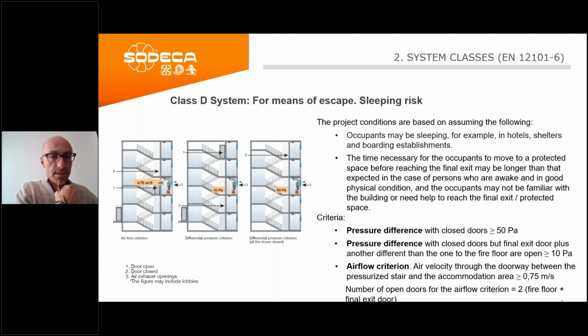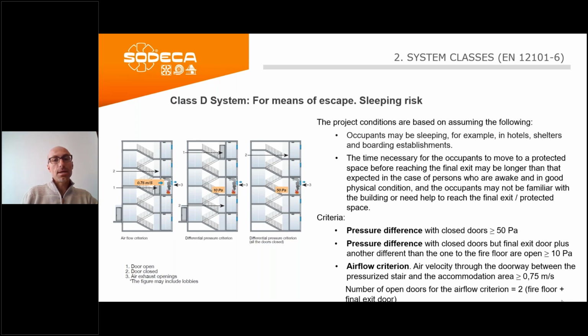Is the rest home for elder people similar to a hotel or hospital? Yes. All these buildings where you can find people sleeping, Class D system is the best option, unless the authorities having jurisdiction or the fire consultant requires that the system is meant also for firefighting.